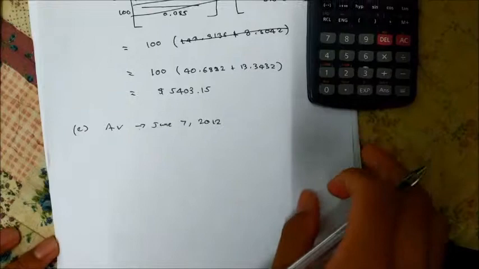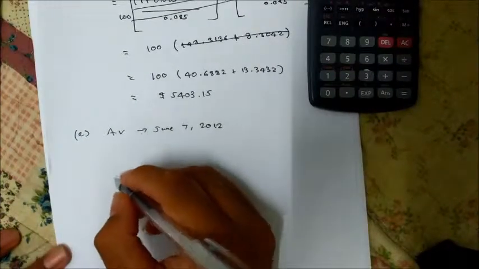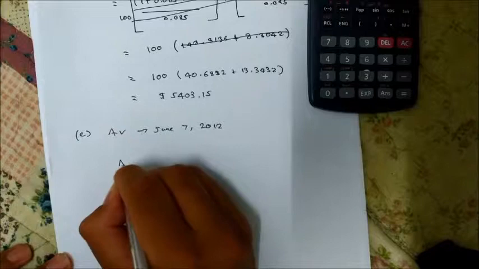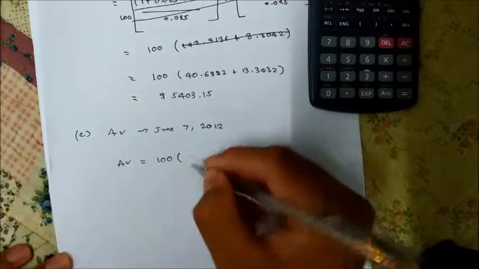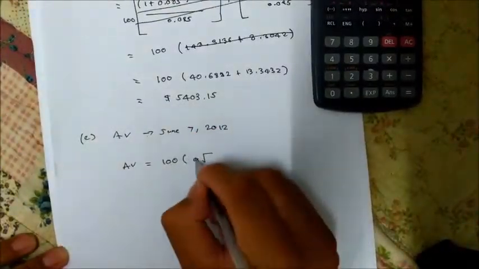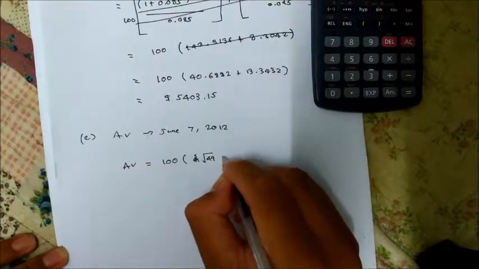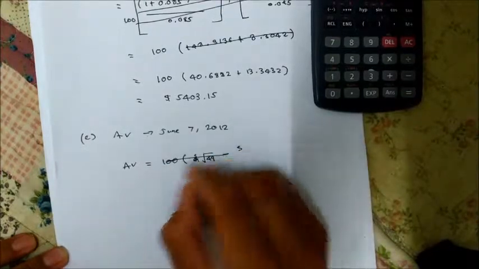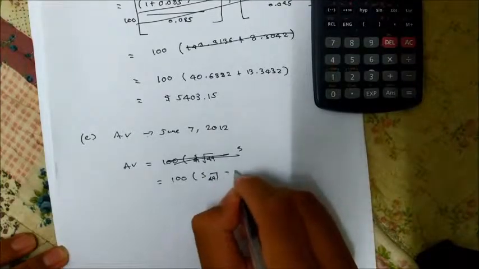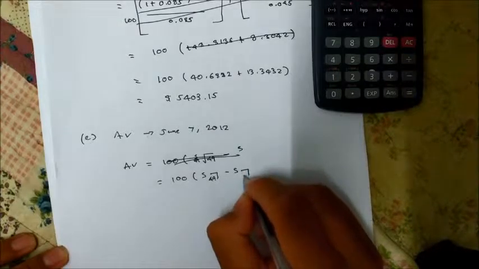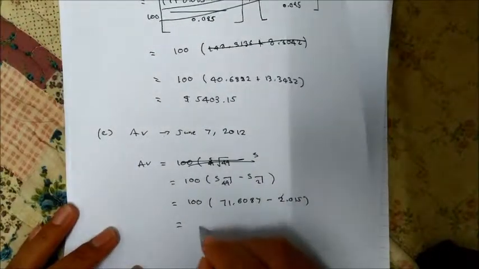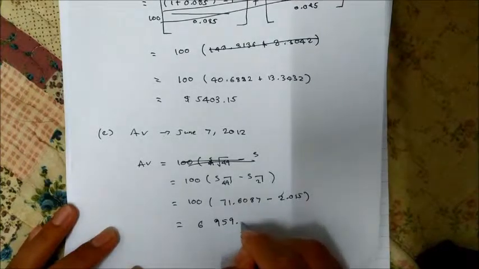The method is quite the same as in question A, but we are going to use the accumulation value, which is AV equals 100 times s angle 49 minus s angle 2. We will get the answer of $6,959.37.